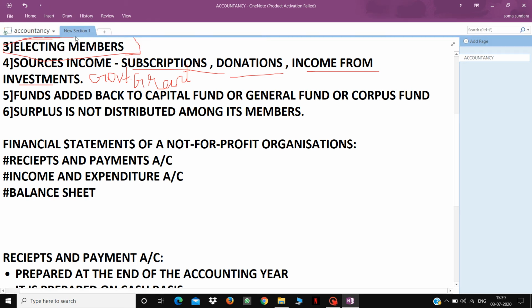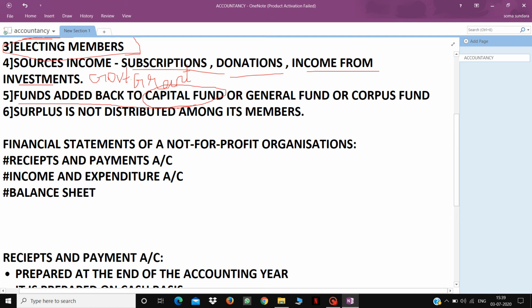So these funds will be added back to the capital fund. What is meant by capital fund? In case the entity is a profit making entity, the word fund will be dropped. Only capital.